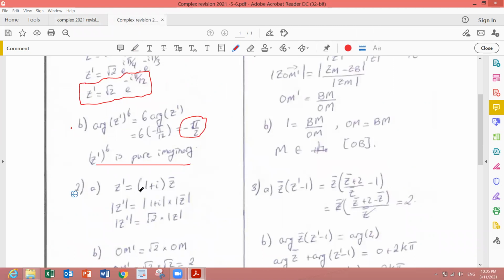So Z prime equals 1 plus I times Z bar, modulus of Z prime equals modulus of 1 plus I times modulus of Z bar. Modulus of 1 plus I is radical 2, and we know modulus of Z bar equals modulus of Z. It is a property.